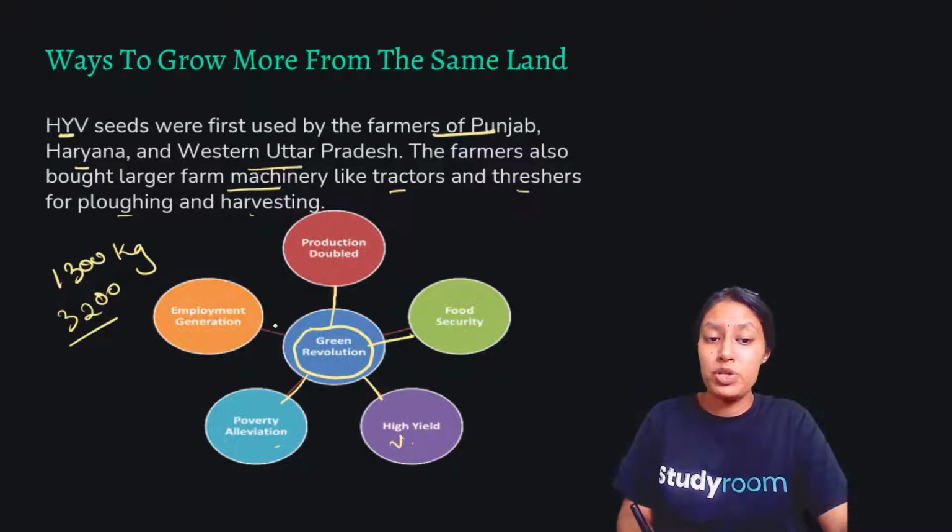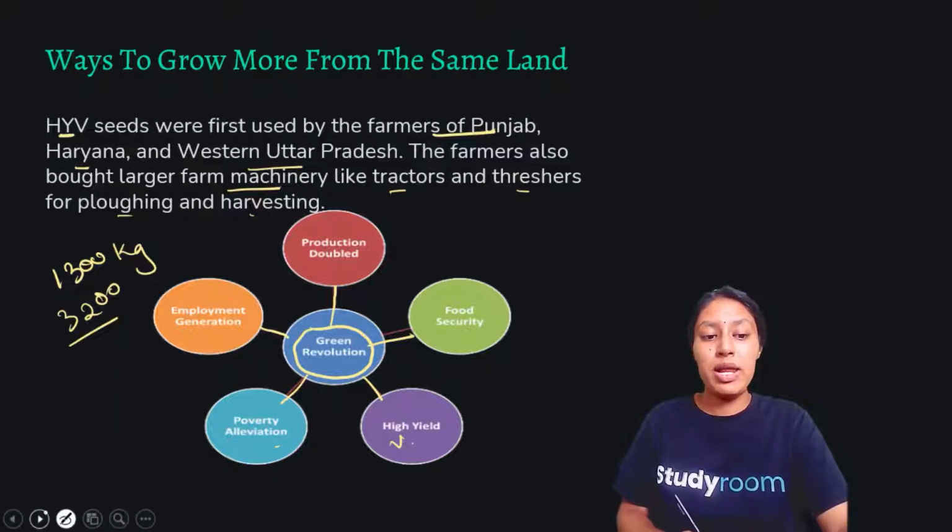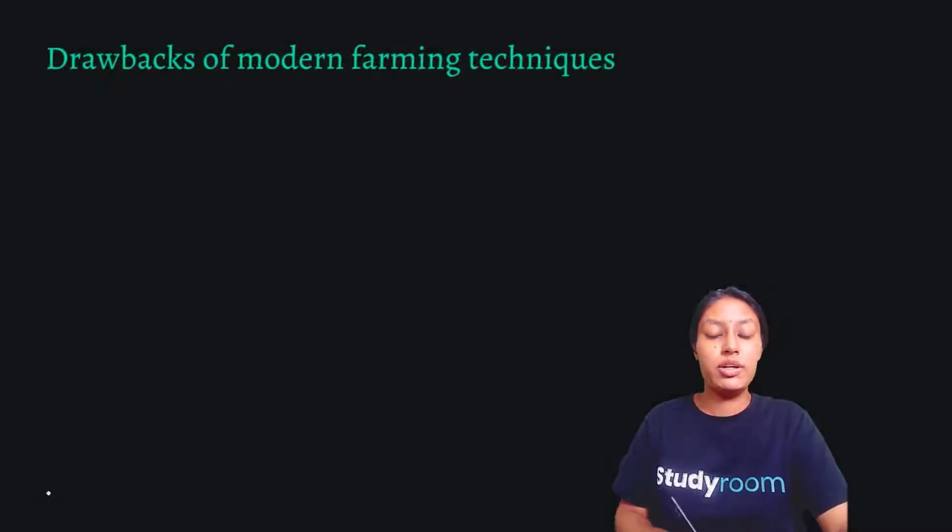Now they have better opportunities. Employment generation: the green revolution also helped in generating more employment because the requirement of manual labor was more. So it generated more employment.